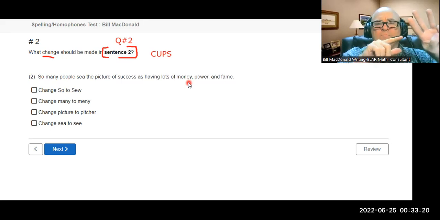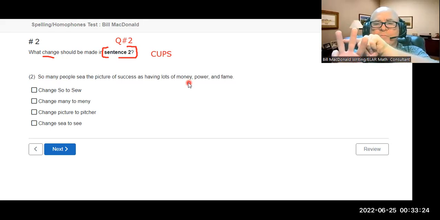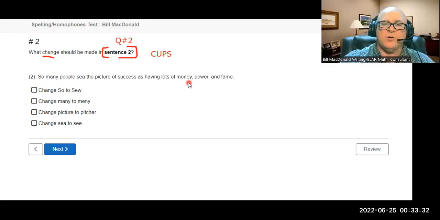I'm always in a mirror image, so I've got to be careful how I do it. So 3 things can have 2 commas because of that Oxford comma that's right there.